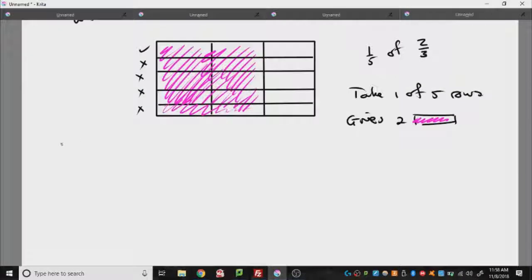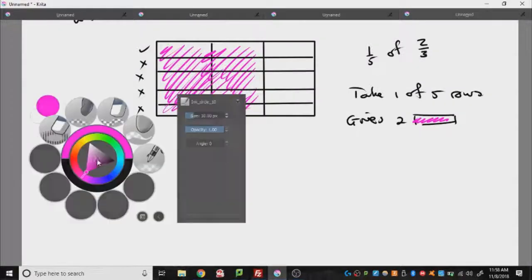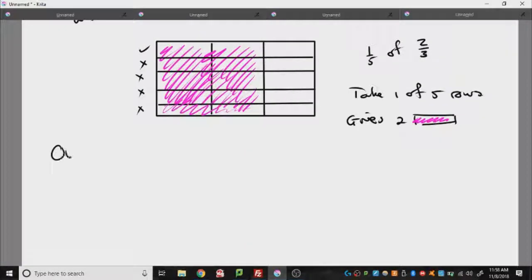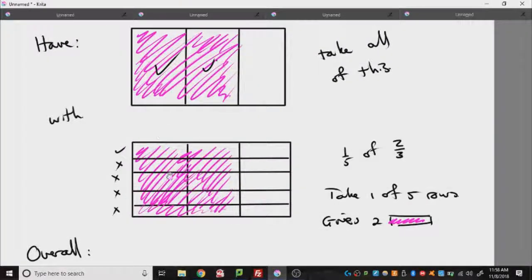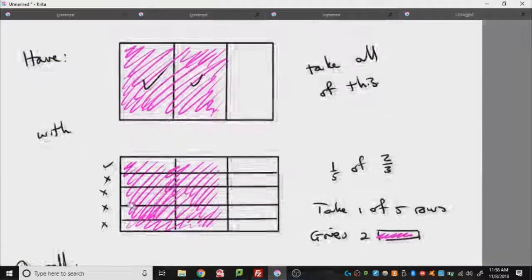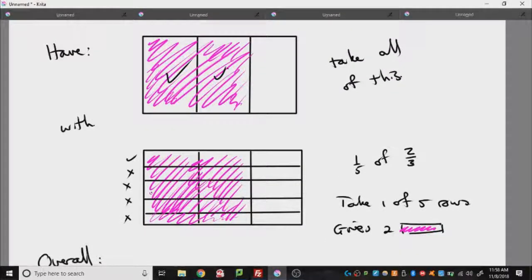So I think it's better to add them separately on a new sketch. Top 2 count as just 1, 2? No, they're not comparable yet, so I'm going to have to split them as well.